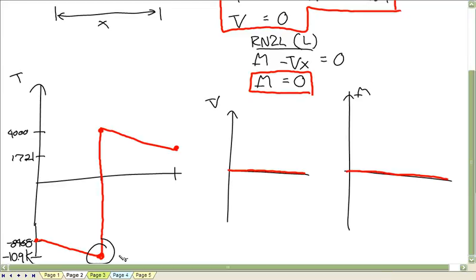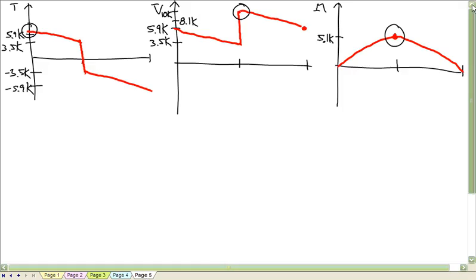So what I'm trying to say is this is the maximum tension compression. It happens in that vertical member. And the maximum shear force and bending moment are here and here.